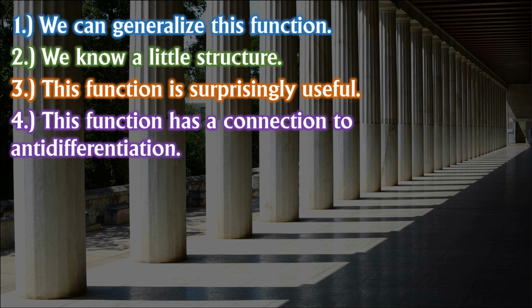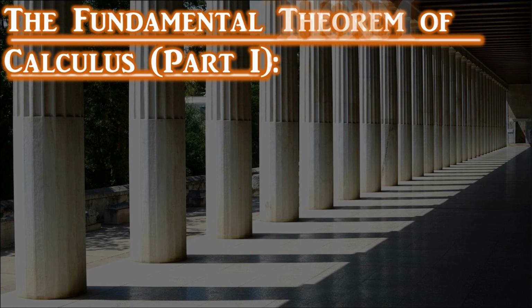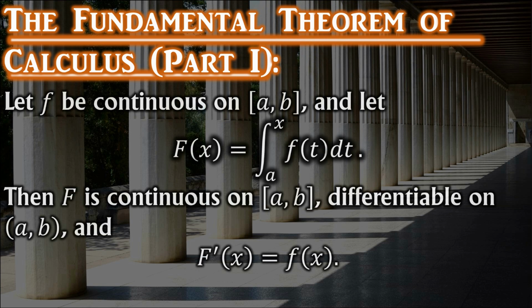Number 4. This function has a connection to anti-differentiation. This is really the meat and potatoes of this section, because this connection comes in the form of a theorem called the fundamental theorem of calculus. Part 1. Let f be continuous on the closed interval from a to b, and let capital F of x equal the definite integral from a to x of f of t dt, our function from earlier.